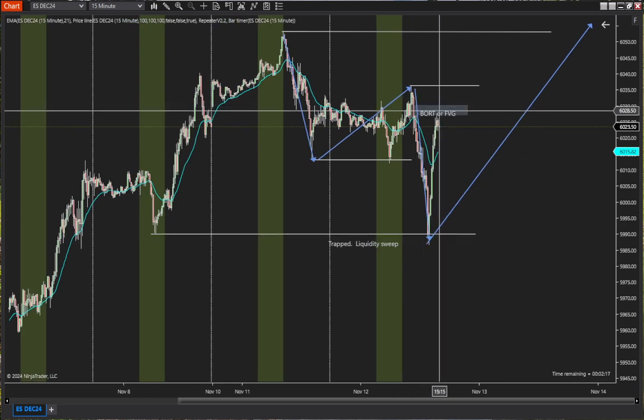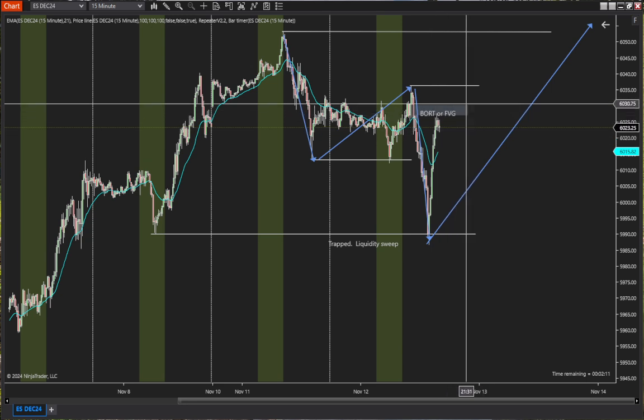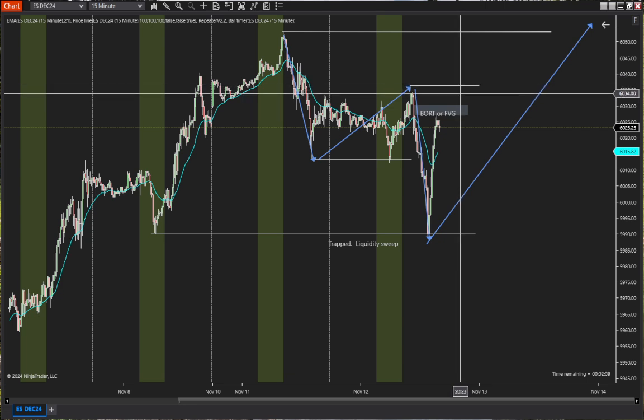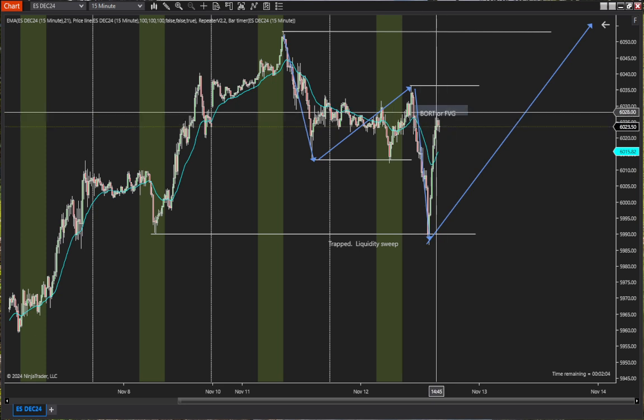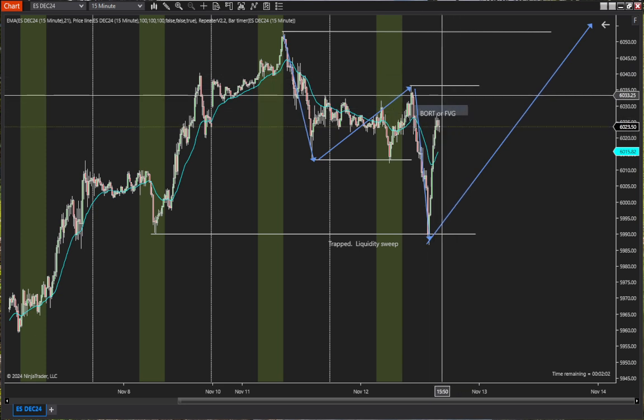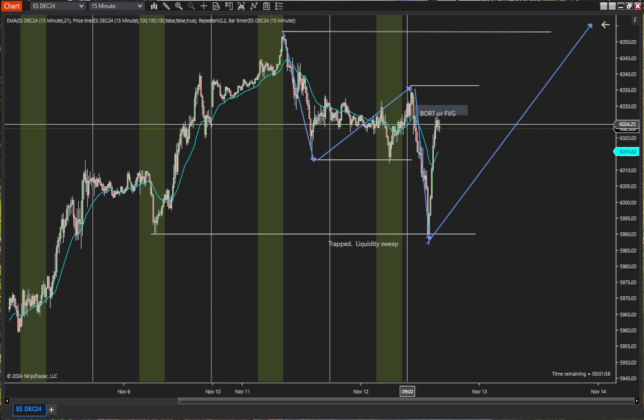I know I posted the 60.27 level was what I'm watching ultimately, and that's pretty much it. Maybe the 36 above there, but that's the high of the day, so that could happen. But we are back inside of the London zone here on ES.